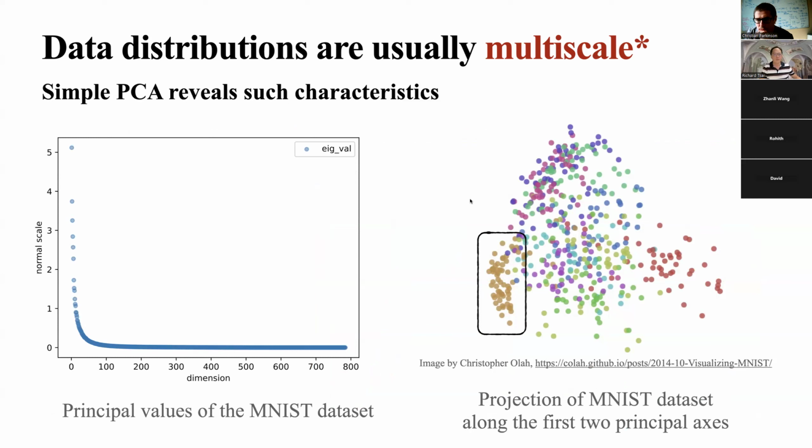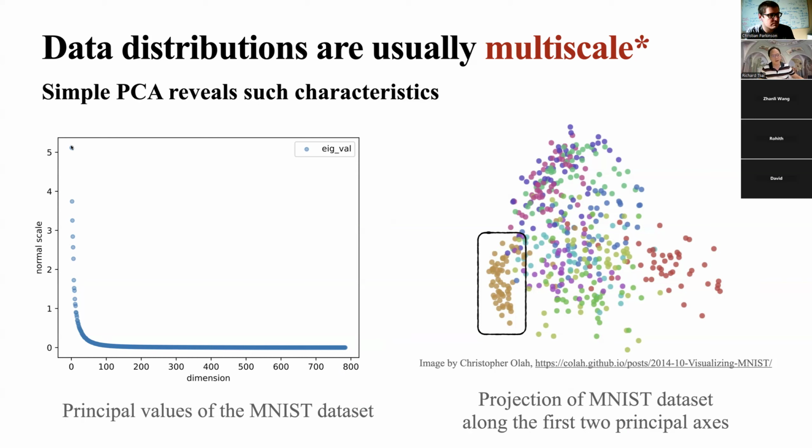So this is another example. We go back to the MNIST data set, and we just use PCA and look at the magnitude of the singular values found, which corresponds to the variances in each of the singular directions.